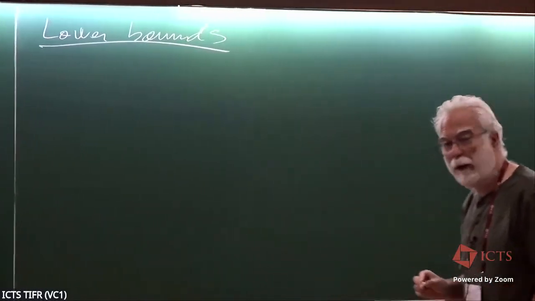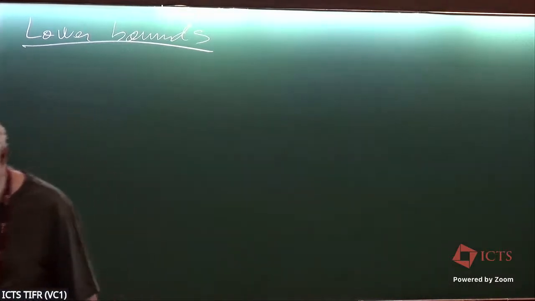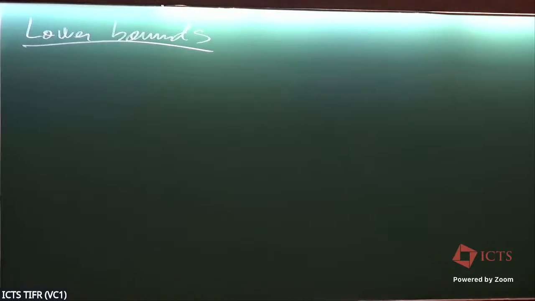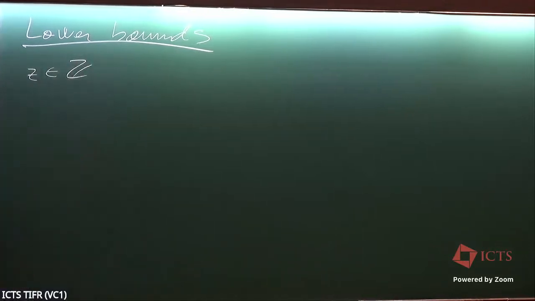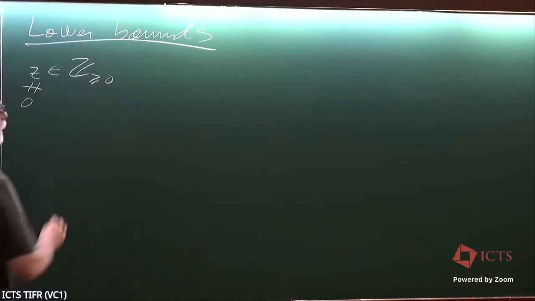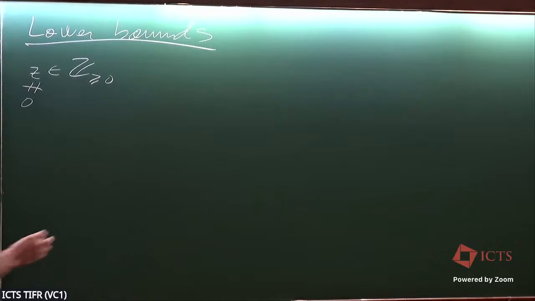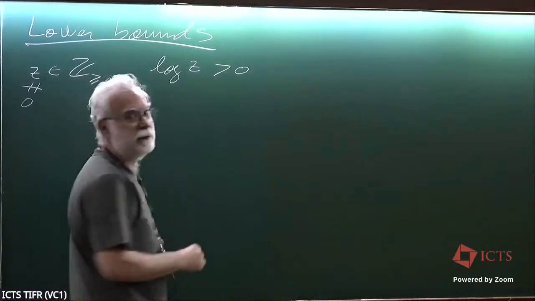Then the good thing about the lower bounds is that they are easy to obtain, and the lower bound is based on one of the most important results, or the most important tools, in number theory that says the following: if I have an integer which is non-zero, and maybe I take it positive, just to fix ideas, then I can compute the log of z, and this will always be bigger or equal than 0.